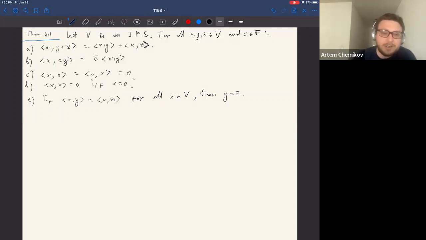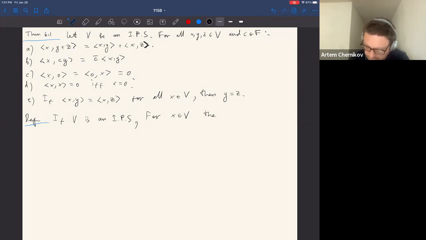And finally, whenever we have an inner product on a vector space, we can define a notion of the norm or distance or length, depending on which terminology you prefer. So let me just recall this. Definition: if V is an inner product space, then for x a vector in V, we define the corresponding norm of this vector.